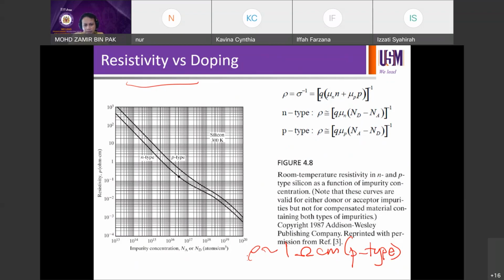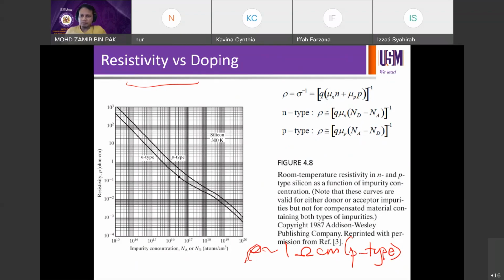You have to know the doping level inside the wafer before you process.